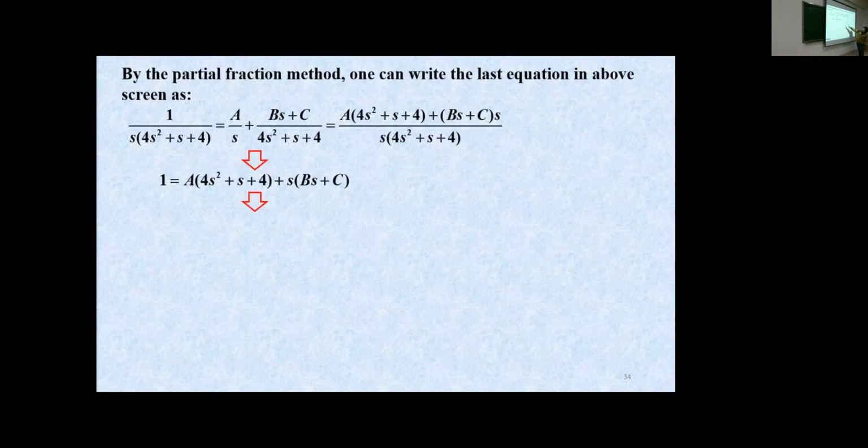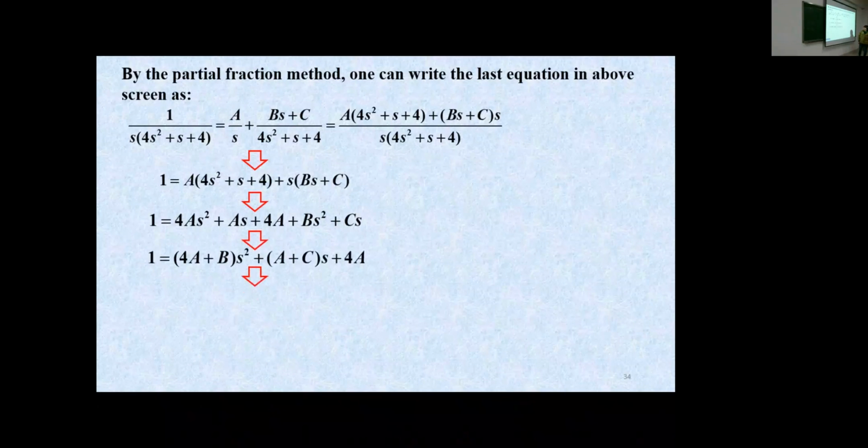So this together should be equal to what? So we rearrange the equation according to the order of s. So 4A plus B becomes the coefficient of s squared. A plus B becomes the coefficient of s. And the 4A is just a constant.